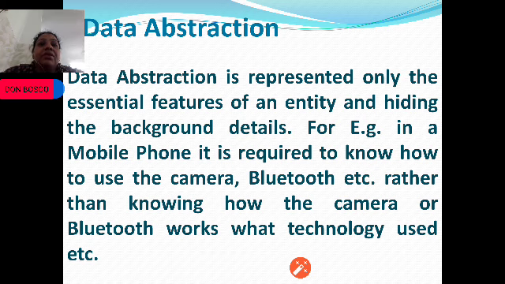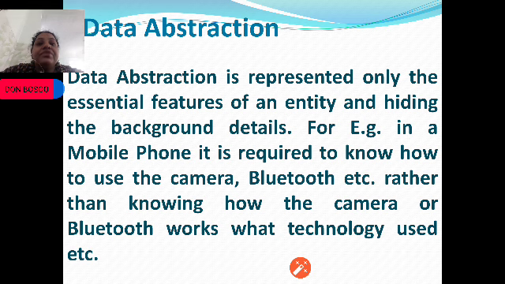The concept of data abstraction is that we are representing only the required details and hiding the background details. Data abstraction means we represent only the essential features of an entity, and we hide the background details of that particular entity.